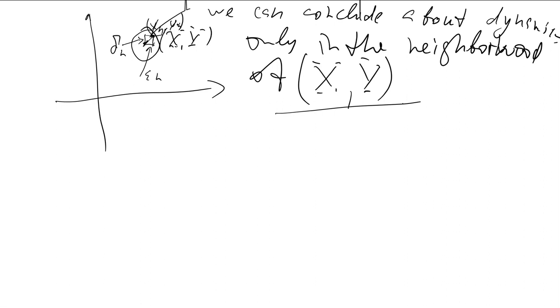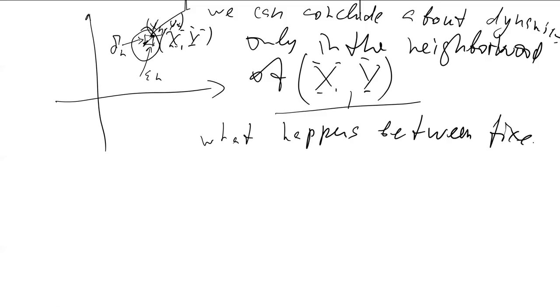Now, this is the first difference, only the neighborhood, and the second difference is what happens between fixed points. So the second difference was that we can have many fixed points.